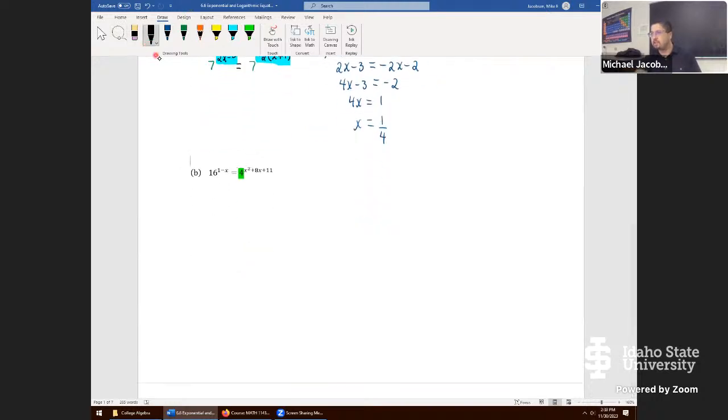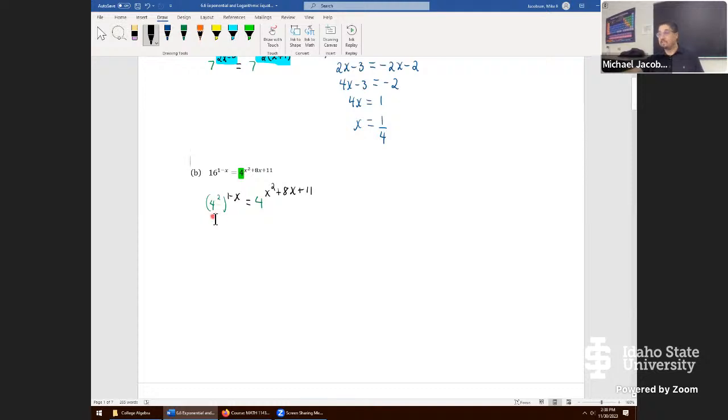Well, let's then start with the left-hand side. 16 here can be rewritten as 4 to the power of 2. The exponent is still 1 minus x. And the right-hand side, I'm just copying in 4 to the power of x squared plus 8x plus 11.